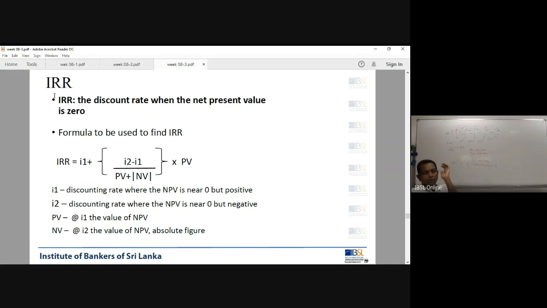In order to find out IRR, we have a formula. In order to find out IRR, you have to work out NPV a minimum of 3 times.